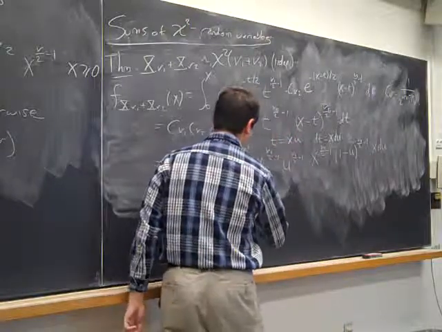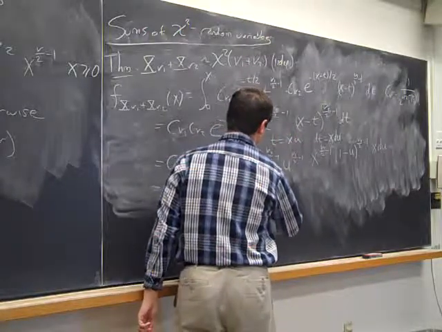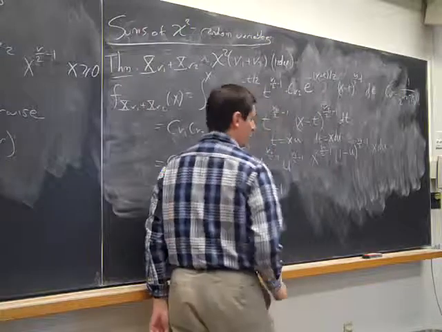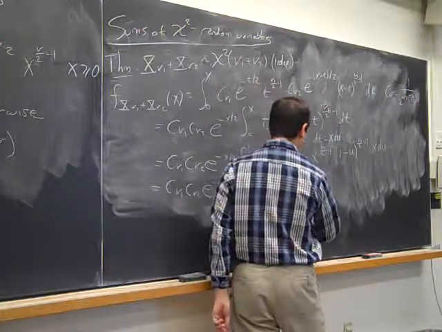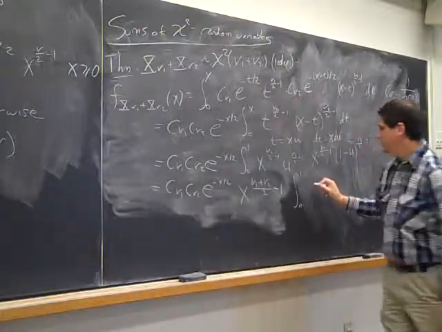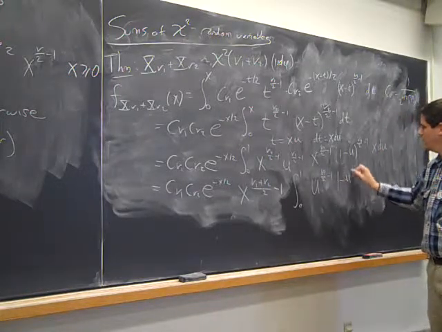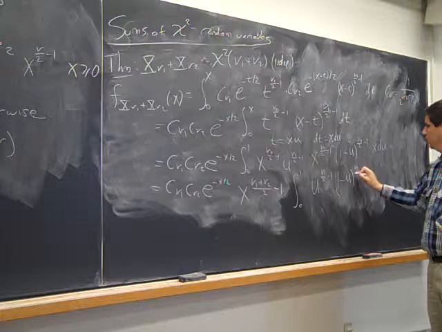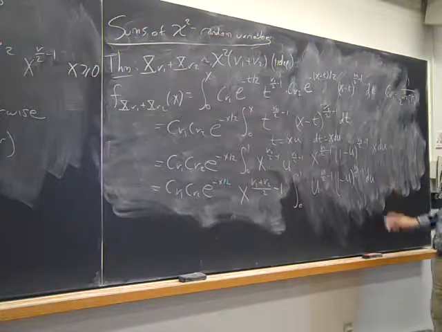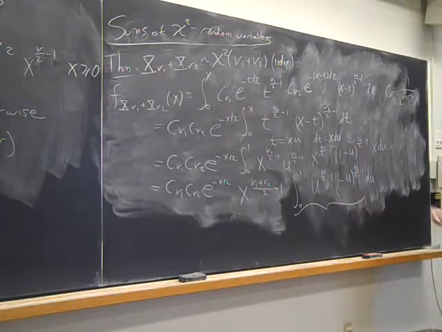So I get x to the nu 1 plus nu 2 over 2 minus 1 times the integral from 0 to 1 of u to the nu 1 over 2 minus 1, 1 minus u to the nu 2 over 2 minus 1 du. Does this integral have any x dependence?